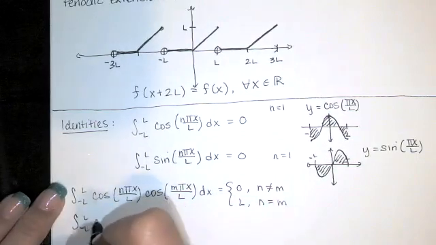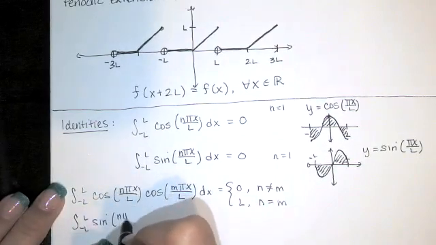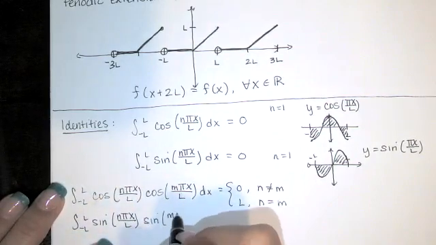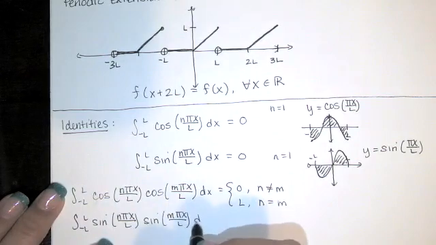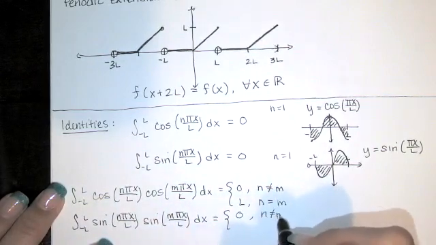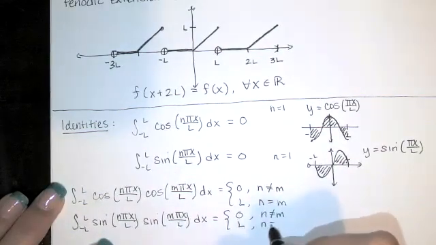Now, if I've got a product of sine functions here, you have something very similar. You'll get 0 if n is not equal to m. You'll get L if n is equal to m.